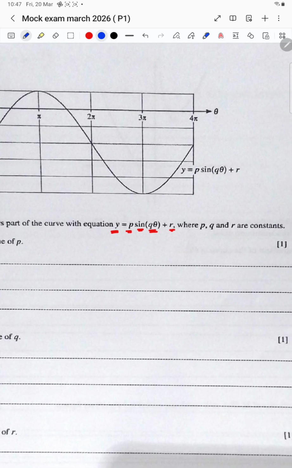If we go with the rules as I explained in the lesson, p represents the amplitude or vertical stretch, q represents the horizontal stretch, and r represents the vertical translation, right?